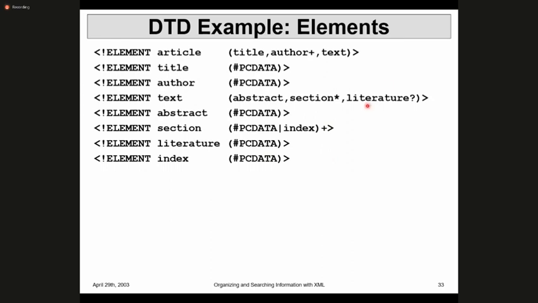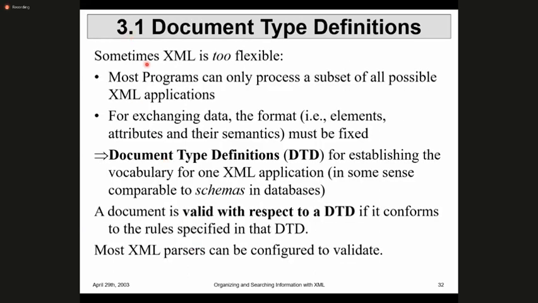So why do we want to have this what we call DTD? If we go back to the previous slide, it says sometimes XML is too flexible. If we define XML in the way we want, according to our opinion, the applications don't know how to process this particular XML document.